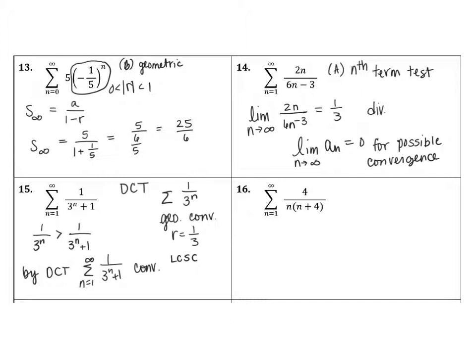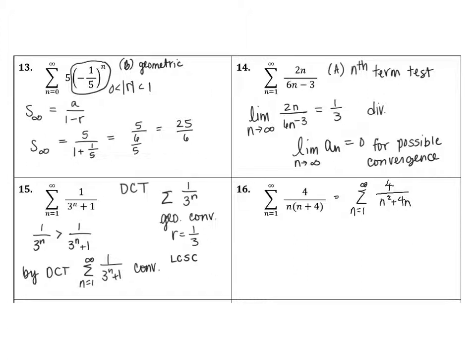Okay, for our next problem, they put an n on the outside and inside. Well, I wouldn't use the integral test by any means. It's not a p-series because I'm going to have the sum from n equals 1 to infinity of 4 over n squared plus 4n.